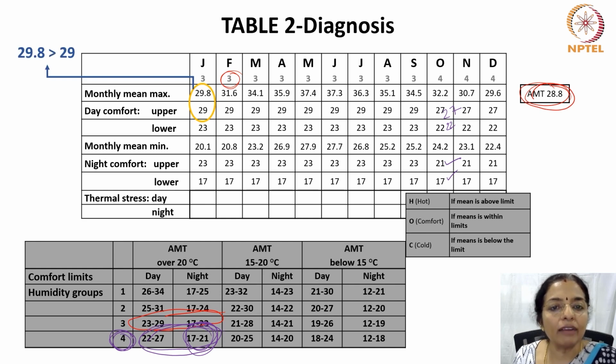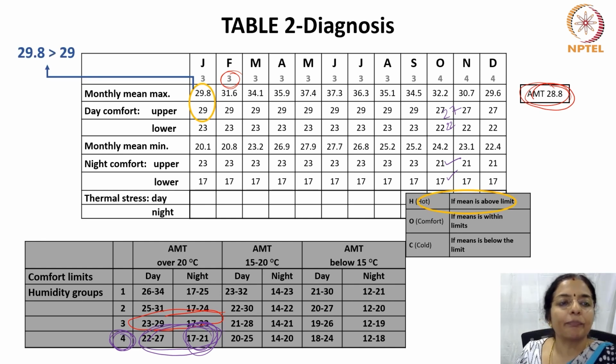So after you enter this, it means, see, 29.8 is more than 29. So it means for January, the condition is hot. The mean is above the limit and therefore it is warm or it is hot. So you write thermal stress during day as hot.